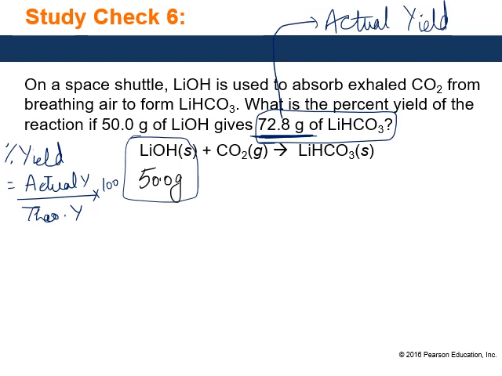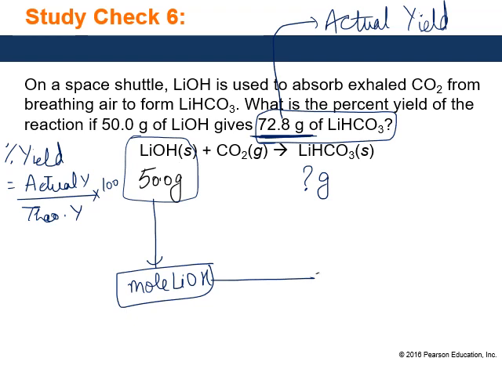How do I get theoretical yield? 50 grams of this, how much of this would have been made in theory? So you already know, you will convert grams into moles of LiOH. Then you will convert moles of LiOH into moles of LiHCO3.